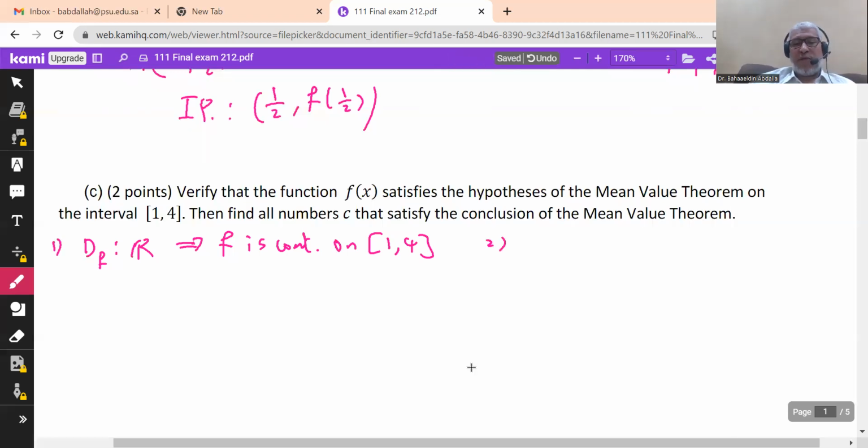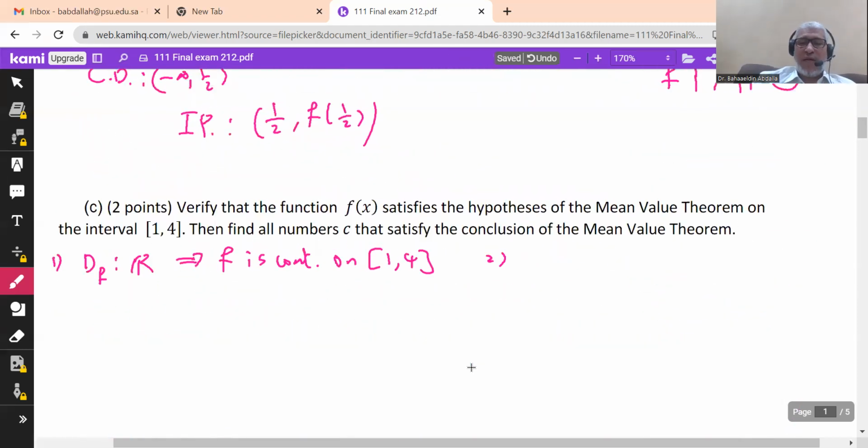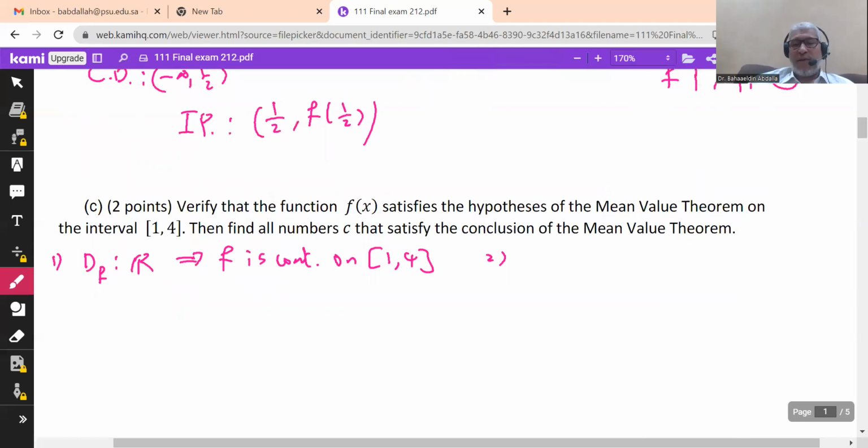The second hypothesis: we found f prime here, and f prime is also a polynomial, and the domain of f prime is also all real numbers. So f is differentiable, especially on the open interval 1 and 4.